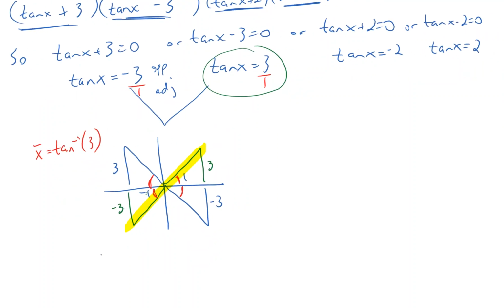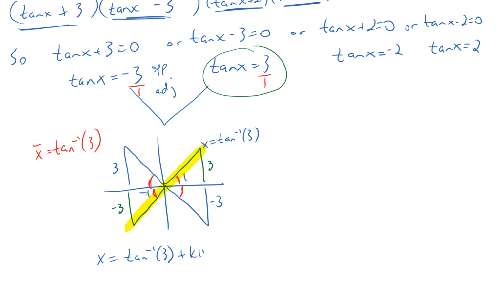So x equals this first angle. Well, in the first quadrant, the angle itself is going to be the same as the reference angle. So I've got tan inverse of 3, that's my first angle, but then I've got to rotate by pi to hit all the subsequent angles on that yellow line.